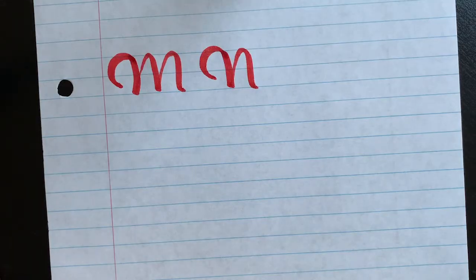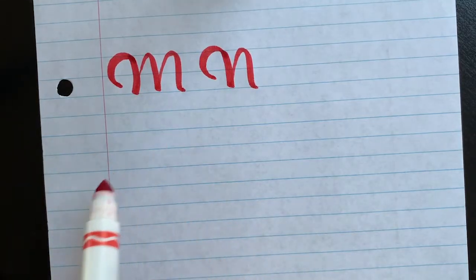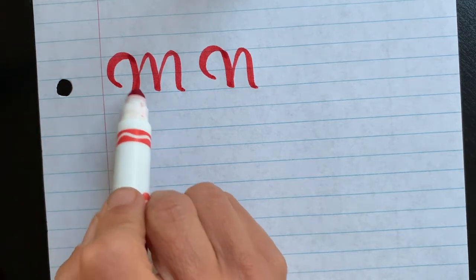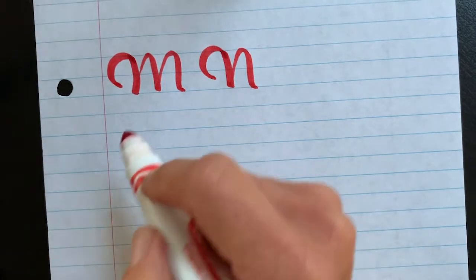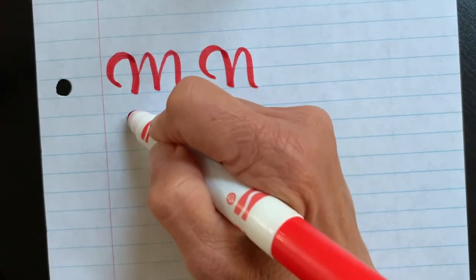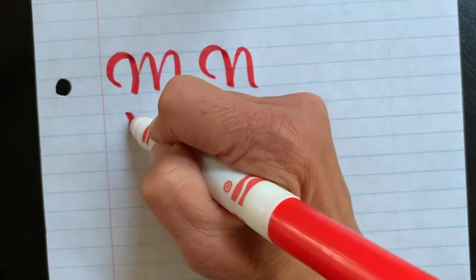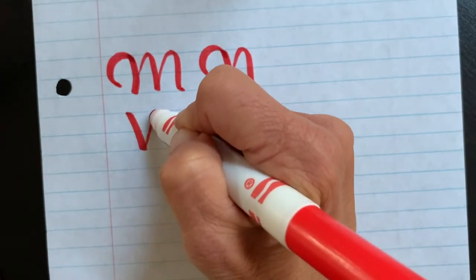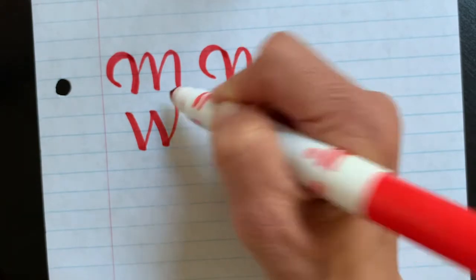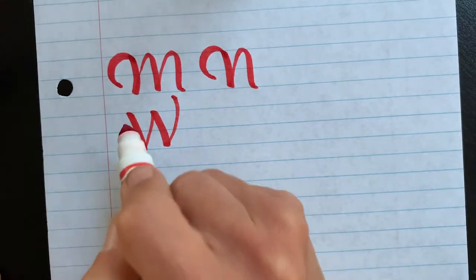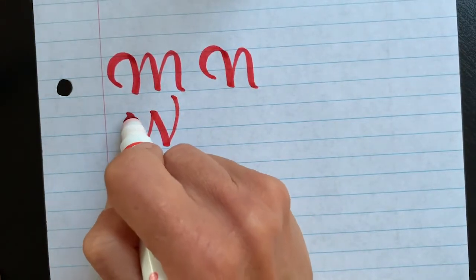Some letters can also look nice with a little extra curl or swash, like I've added to the M and the N here. You can also add that to W's and V's. So if I draw the W, right, then I would put the swash or the curl on last.